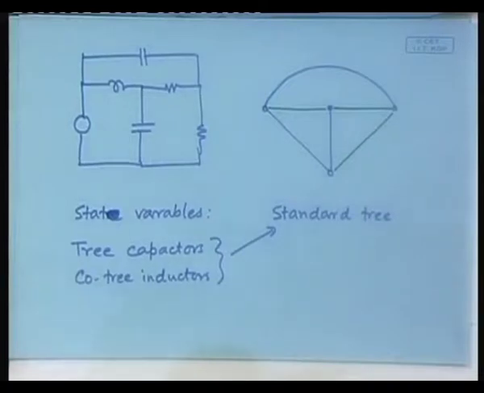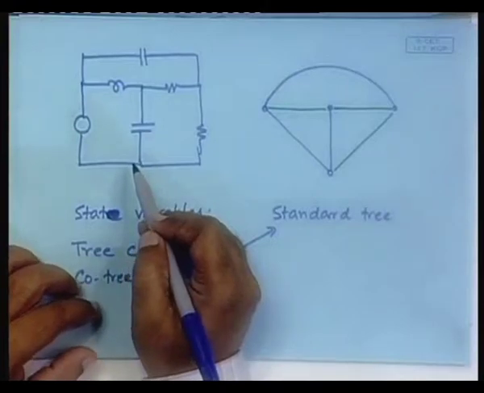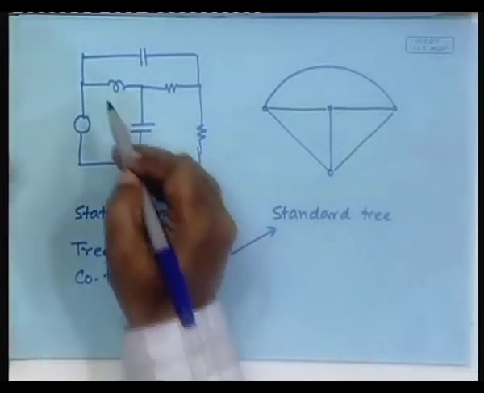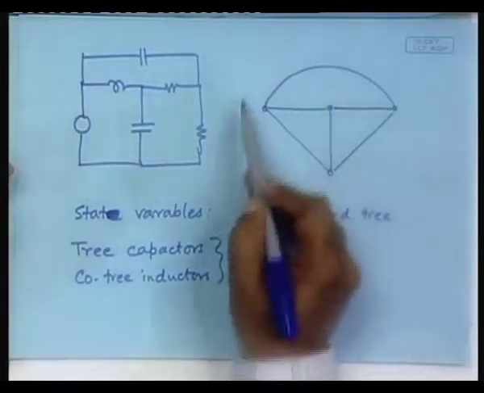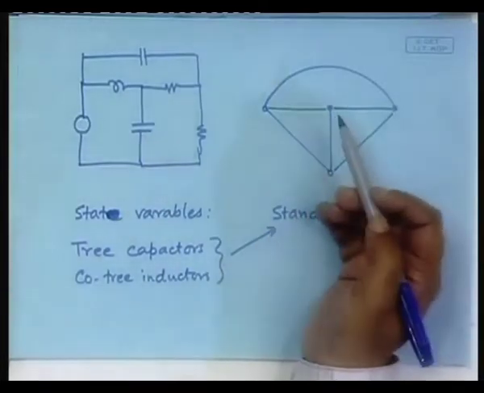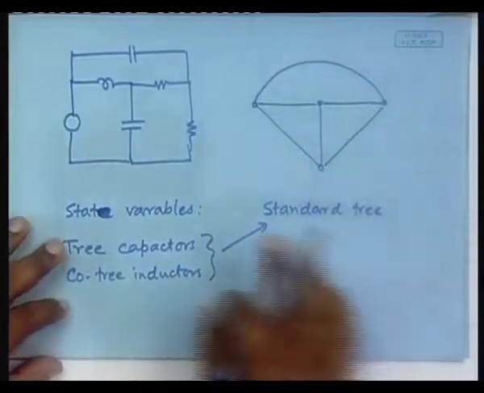Fine. So, we have made a choice of what we will call our state variables. Notice that in those cases where there is some dependent capacitance or dependent inductance, immediately that will go out of the number of capacitances that you choose, because they will not form branches of the standard tree. We will do that by examples.